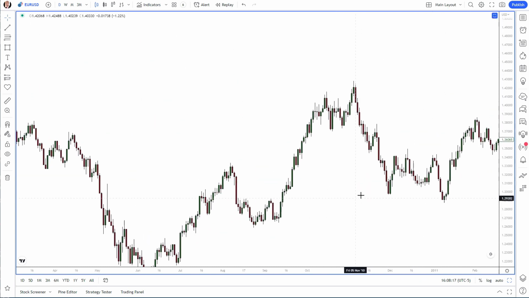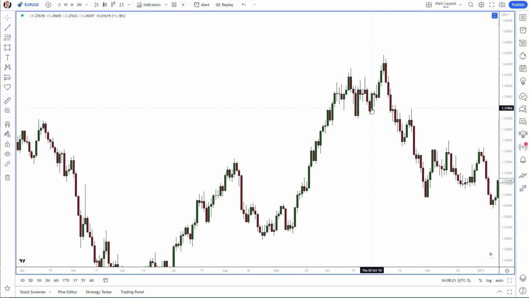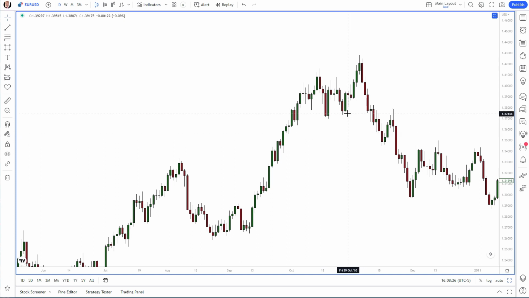So another trade that I took that I was looking for. Remember this move up over here. Now this wasn't yet formed out. So again, I'm going to do the replay.